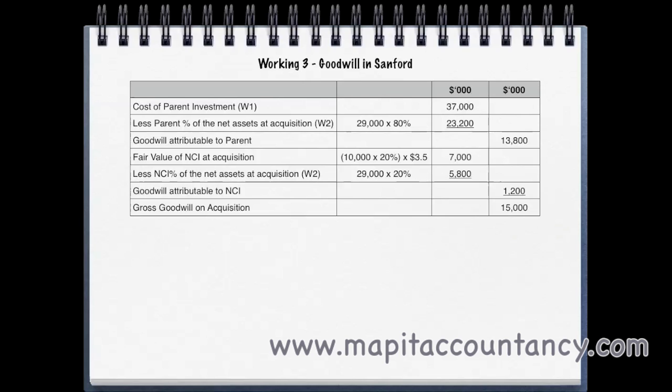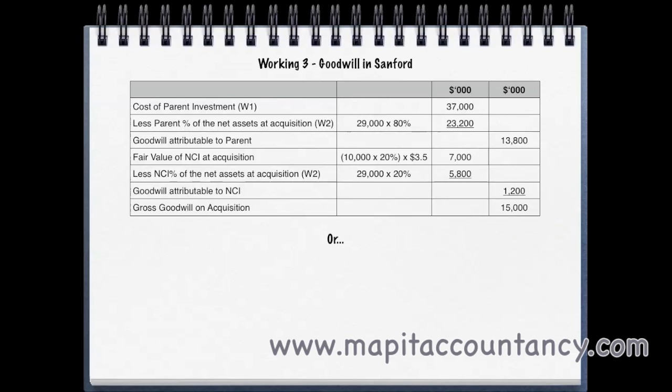We wouldn't have any goodwill attributed to the NCI if we were calculating proportionate goodwill or partial goodwill. Now that means that if we do this next working, this will give us the same answer as we got in our first working, but we wouldn't be able to get our proportionate goodwill using the second working. I'll show you it now.